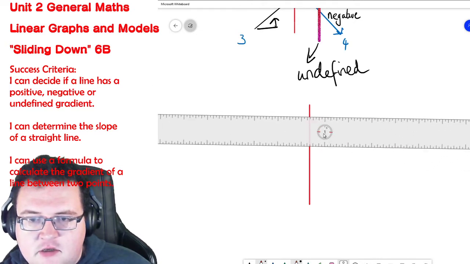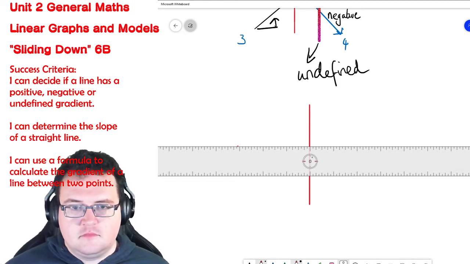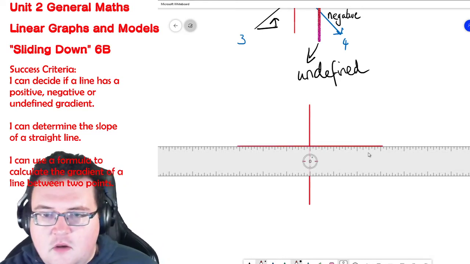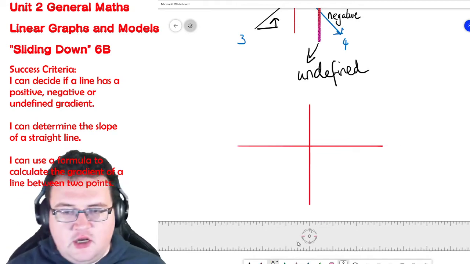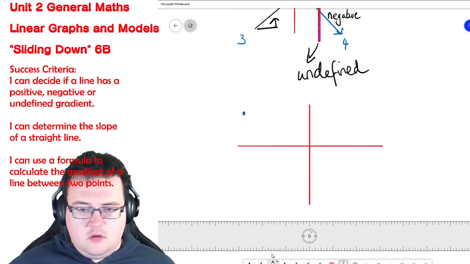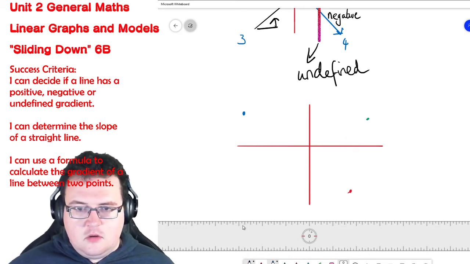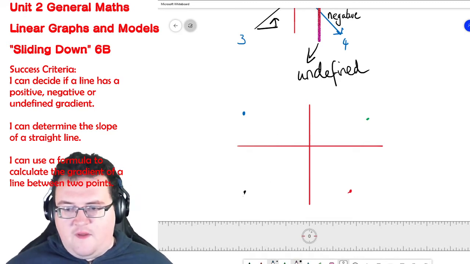Now, I'm going to draw a set of axes again. And now what I'm going to do is plot a couple of points around the place.